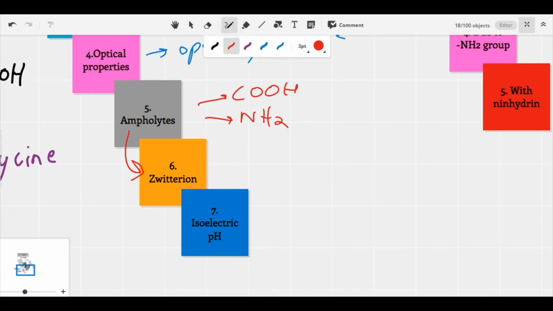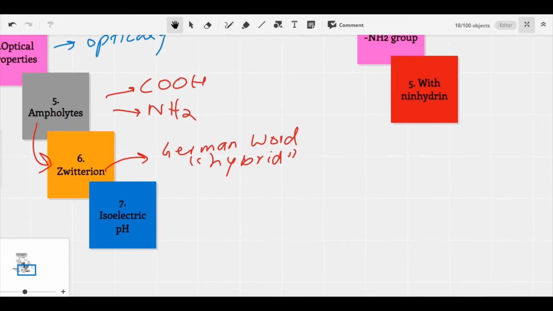First of all, you have to remember what is meant by Zwitter ion. The name Zwitter is derived from a German word which means hybrid. It means any compound having both types of properties, both types of ions, positive ions as well as negative ions.